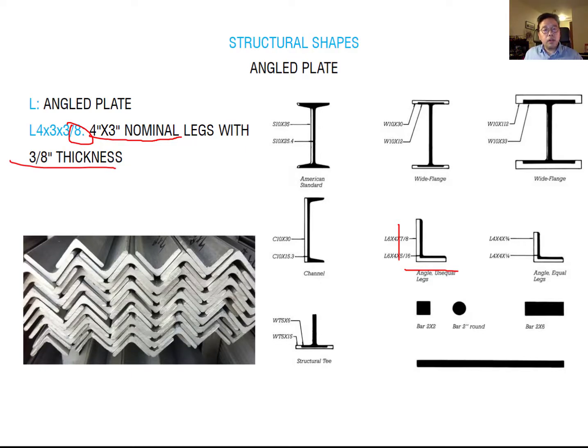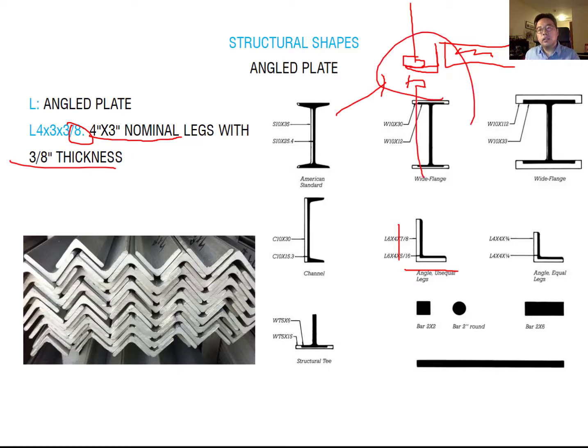Also, this angled plate you can use for the curtain wall, similar to the channel. So you have the concrete slab, and you can design the angled plate here, and you can add the curtain wall here, and you can also see a very thin profile from the outside. Okay, this too is angled plate.